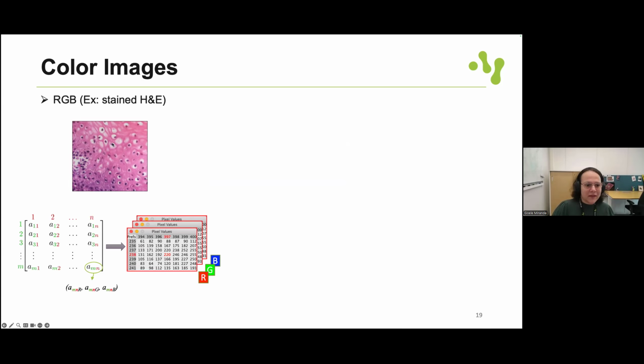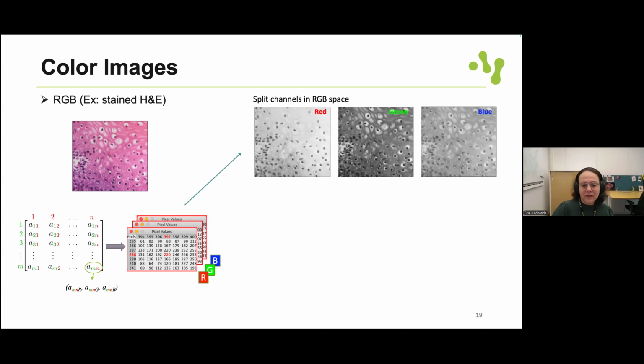So what we can see here is a combination within the RGB space. This is a colored image, different from the previous one. But in the same way, we can separate these channels and analyze each channel individually.